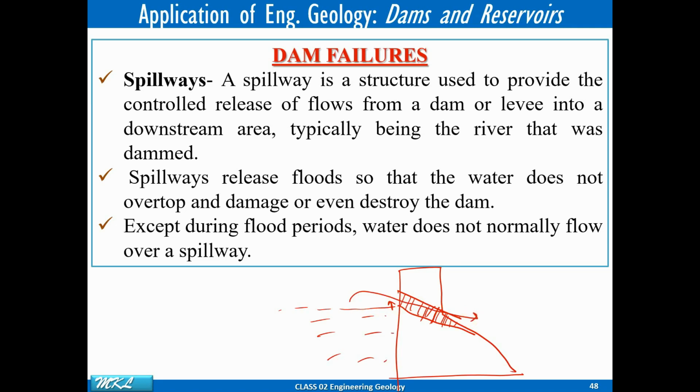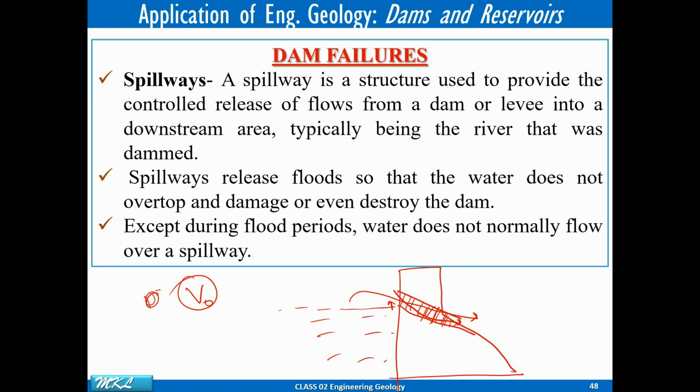Now what happened? Your spillways are not adequately designed for the flood period. In a flood, a lot of water comes, and the rate of water passing through these spillways is limited, because it's a small opening. You have designed it thinking of some volume V0 that you are assuming.